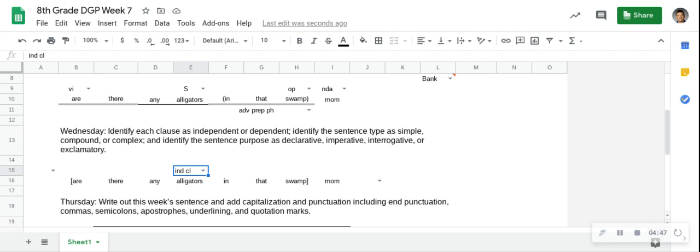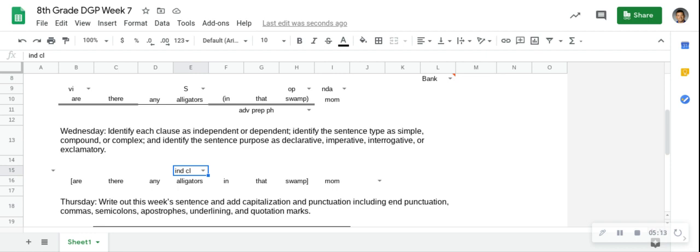All right. So once we know what type of clauses we have and how many, we can look at our DGP help notes and figure out, do we have a simple sentence, which is an independent clause, a compound sentence, which is two independent clauses? Do we have a complex sentence, which is a dependent clause and an independent clause?